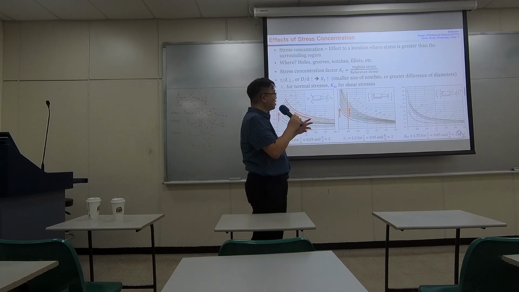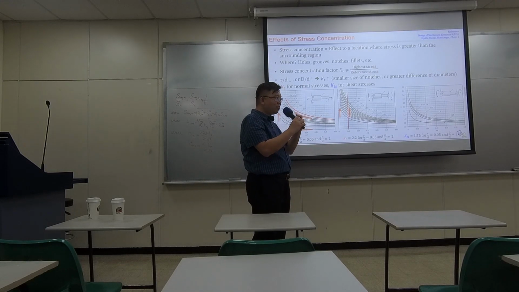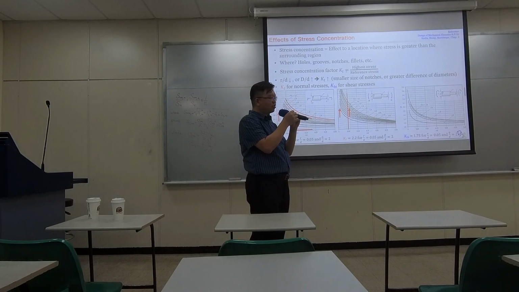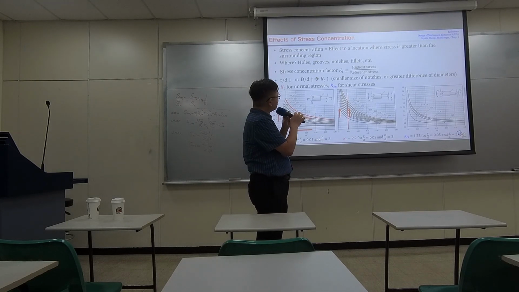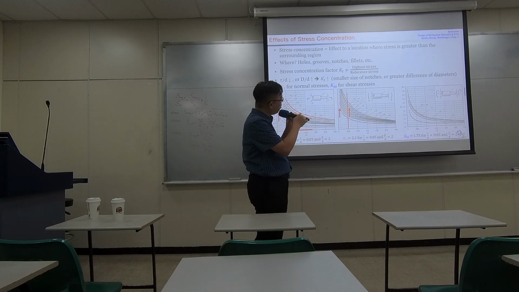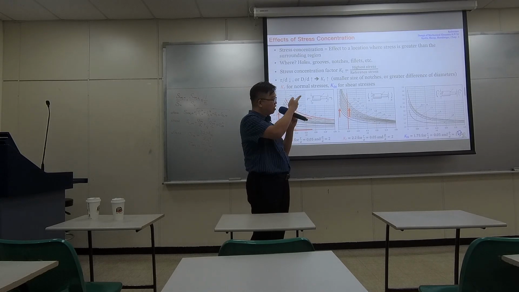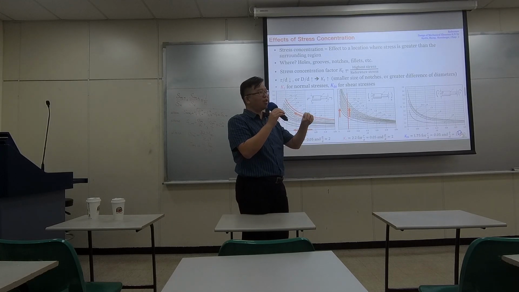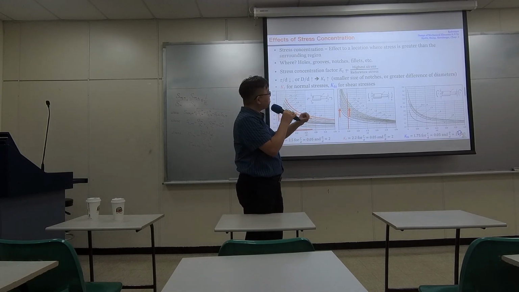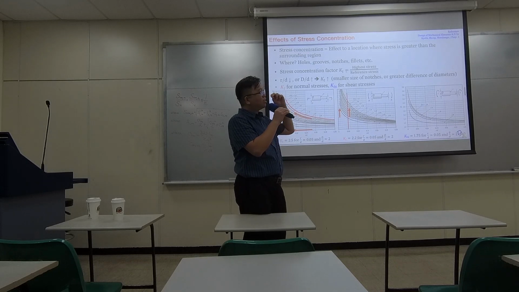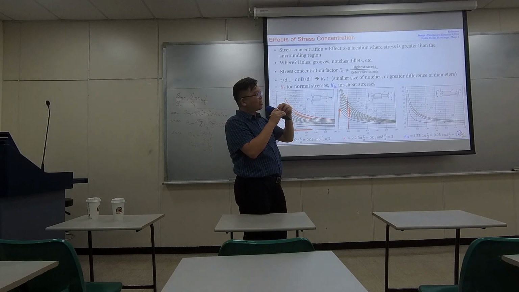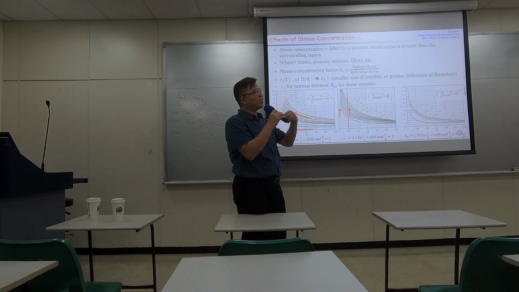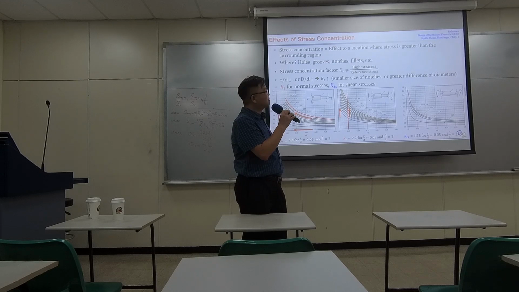However, in reality, maybe due to the geometry, stress actually concentrates at some corners, some locations. If there's a hole, a notch, a fillet or a corner, stress concentrates more at those positions. So the stress value at those corners usually cannot be computed by the equations that we know from the past.